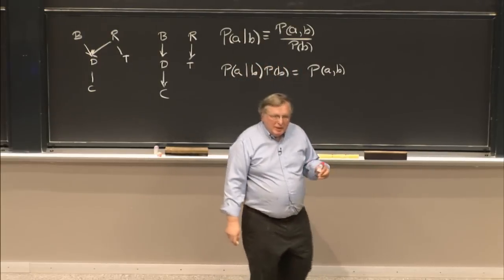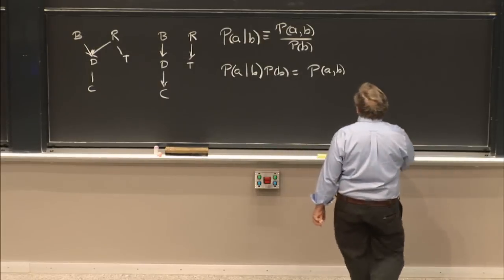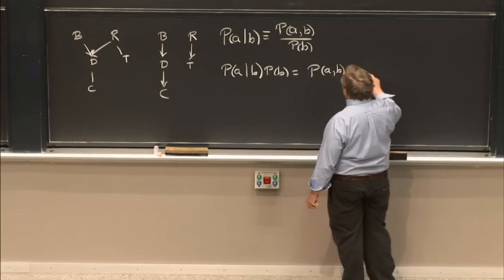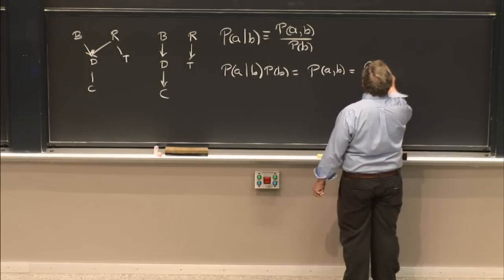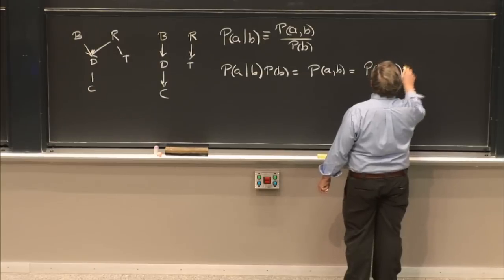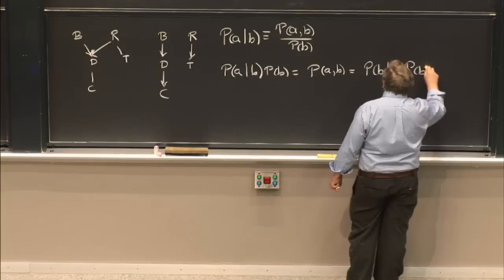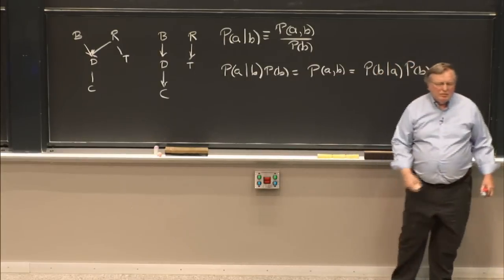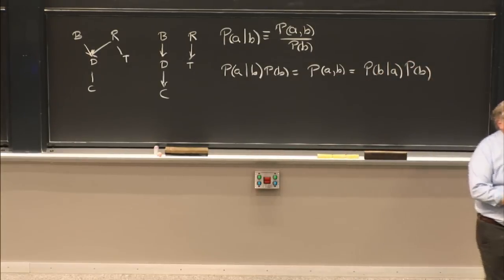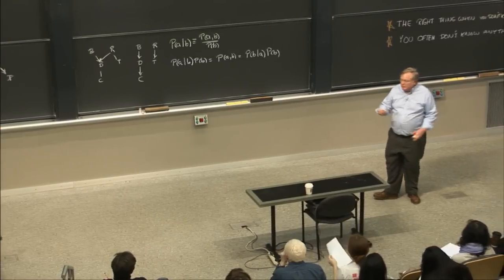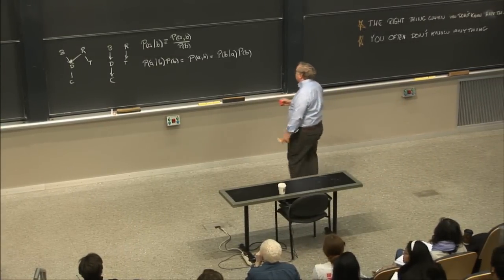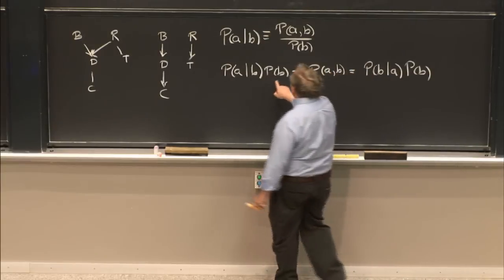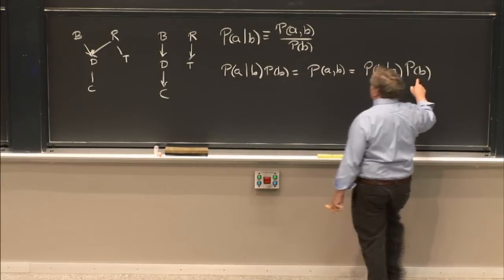Oh, but by symmetry, there's no harm in turning that around and saying that the probability of B given A times the probability of A is also equal to that joint probability, right? I've just expanded it in a different and symmetric way.